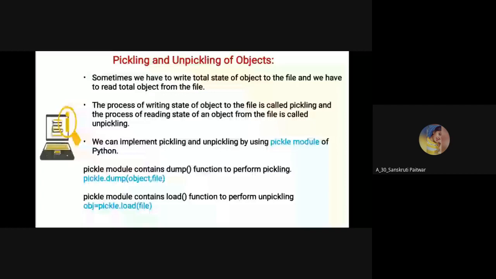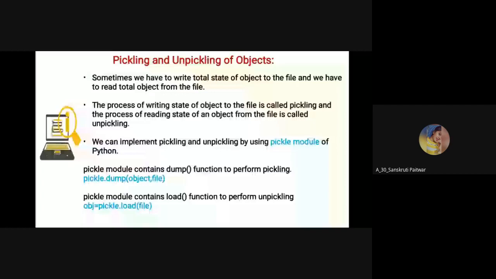Suppose I am creating a student class, then roll number, name, address, birthday, and likewise variables will be considered as the state of that student object. If employee is there, then employee number, employee salary, employee department are instance variables, and that will be the state of that employee object.